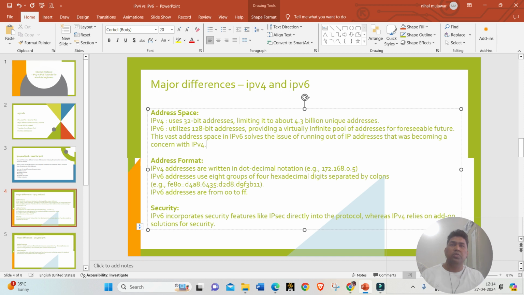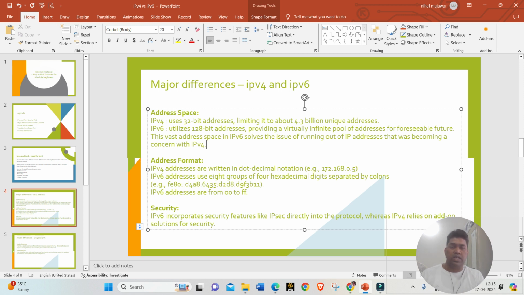Right now you might say, if that is the issue, and we are normally using IPv4, how are the addresses being used? Mostly in organizations, we are using private IP addresses.